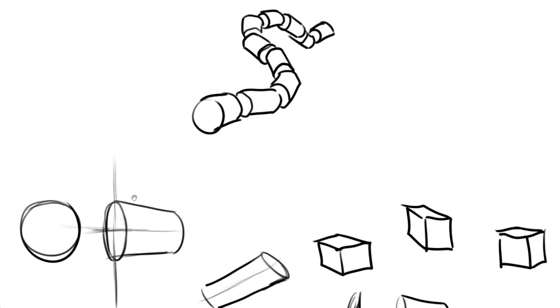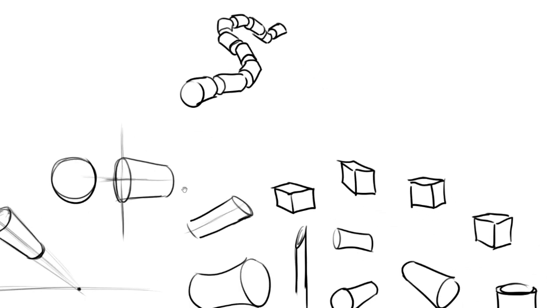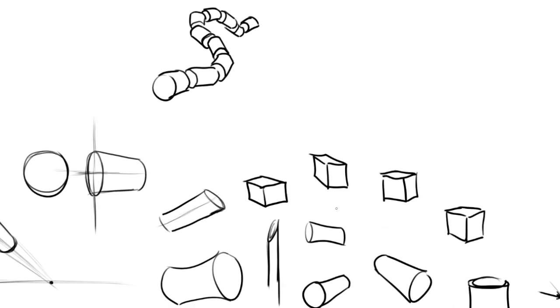All right, so that's probably plenty for our warm-ups and just a little bit of preparatory material. So let's jump into the foreshortening for the figure. Most importantly, foreshortening is about perspective.